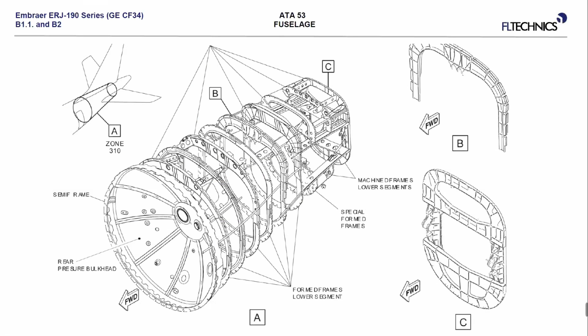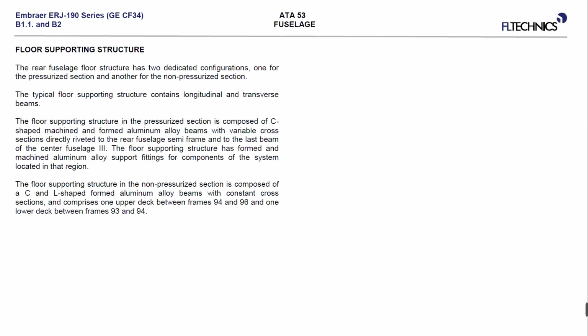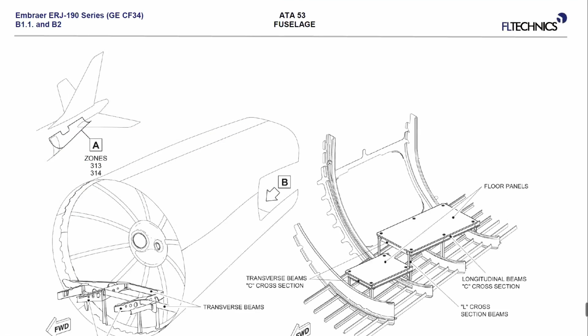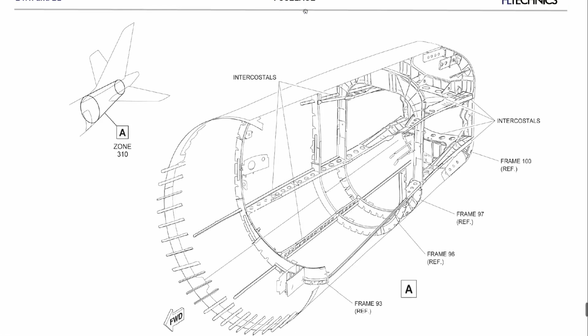Intercostals. These components here are called intercostals, and they are, how to say, similar. They're replacing the function of the stringers. But once again, the name of the component is not a stringer, but it's called intercostal. As you can see, they are providing this connection between the different frame segments, and they're keeping the structure here of this unpressurized part of the rear fuselage.